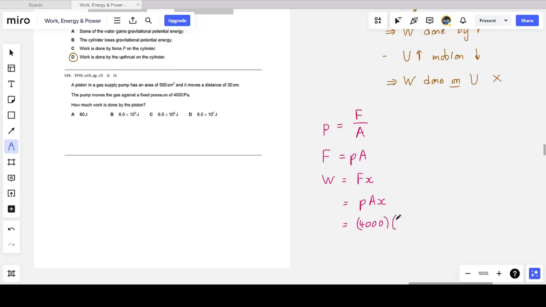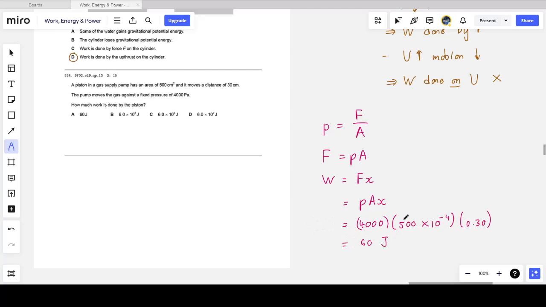The cross-sectional area is 500 square centimeters, so we multiply that by 10 to the minus 4 to get square meters. And we multiply that by a distance of 0.3 meters. So I've just converted everything to SI units, so we get an answer in joules. And we should get an answer of 60 joules.